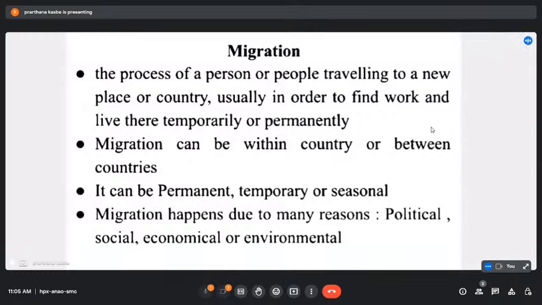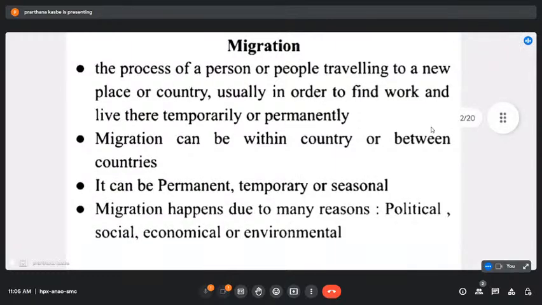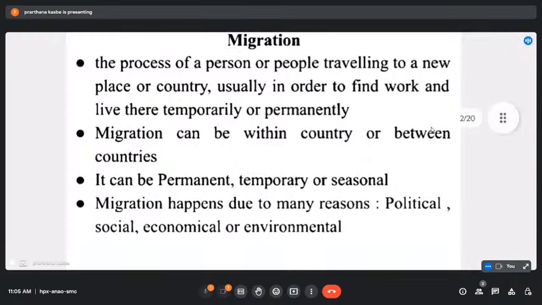Migration is the process of a person or people traveling to a new place or a country, usually in order to find work and live there temporarily or permanently.